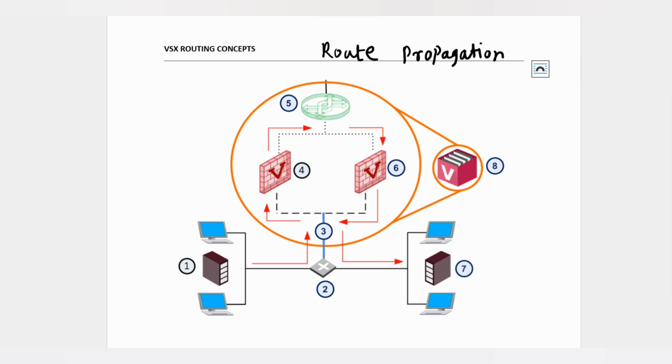Let's take a look at route propagation using virtual routers. When virtual systems are connected to virtual routers, VSX propagates routes by automatically adding entries to the routing table contained in the virtual routers.